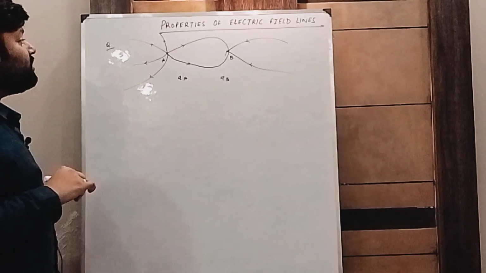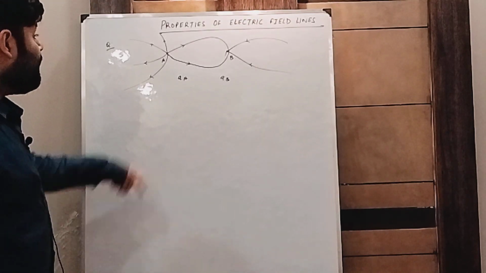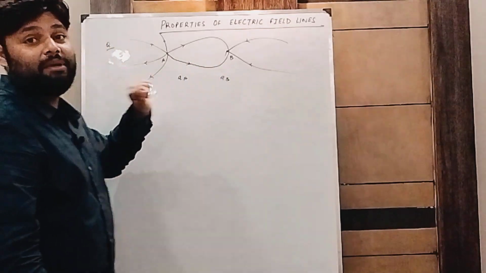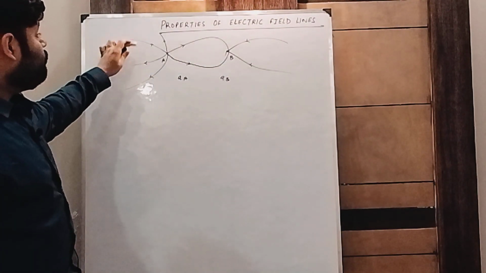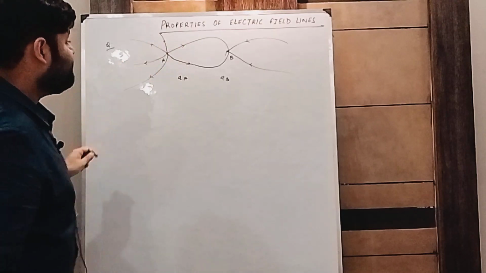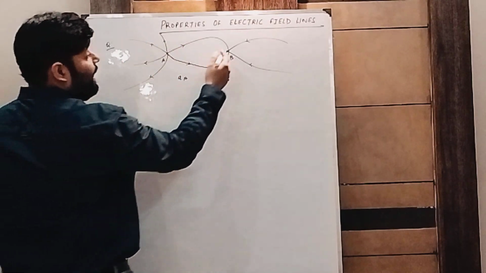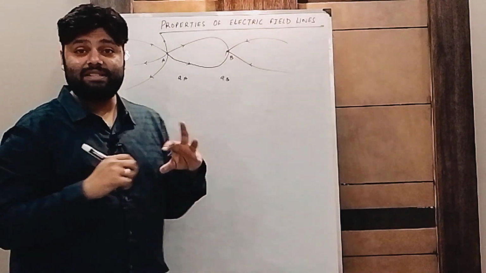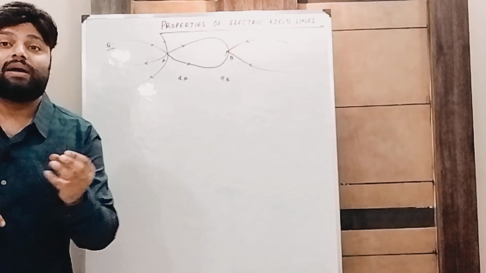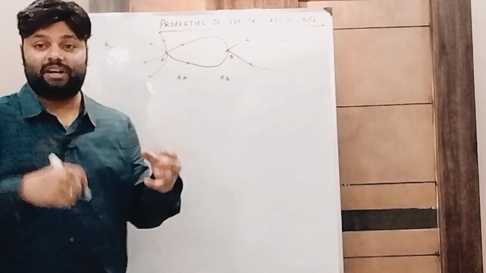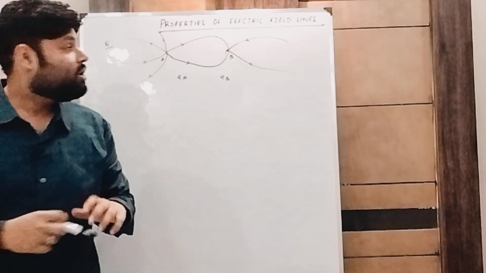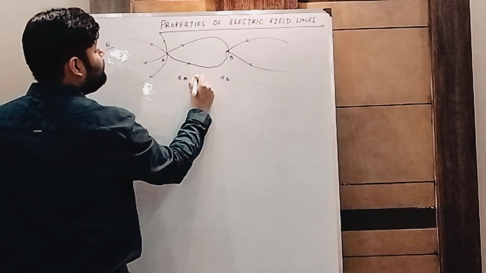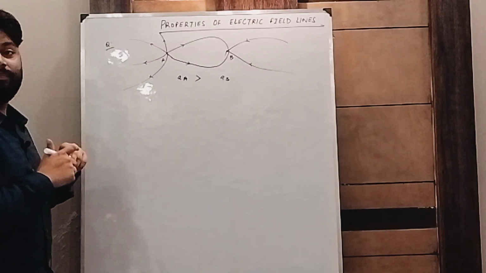Now, if a student starts counting electric field lines, more electric field lines are originating at A and less are terminating at B. Okay, 1, 2, 3, 4, 5, 6. 6 lines are originating at A and at B only 4 are terminating. And I told you number of field lines originating or terminating is directly proportional to charge. So by that property, I can say that the magnitude of QA is going to be larger than the magnitude of QB.